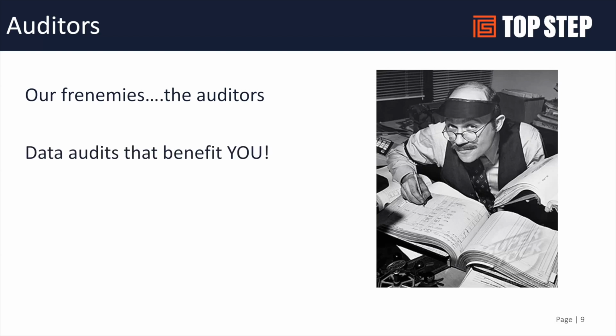Make these data audits that benefit you. Make sure you know what you need to be keeping an eye on. For example, if revenue % complete is calculated in OpenAir and sent to your financial system, understand the back-end calculation. What is the % complete using? And then make sure that you're auditing on a regular basis that the calculation is being managed correctly by your project managers and your resources.